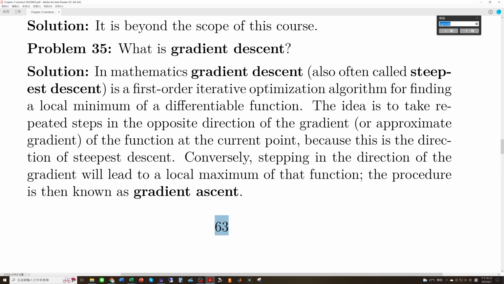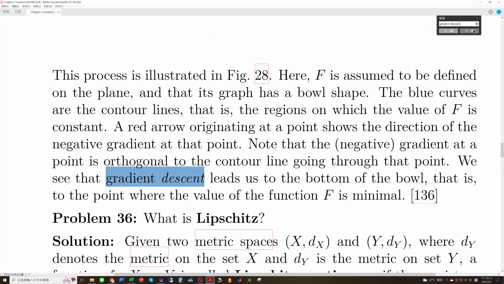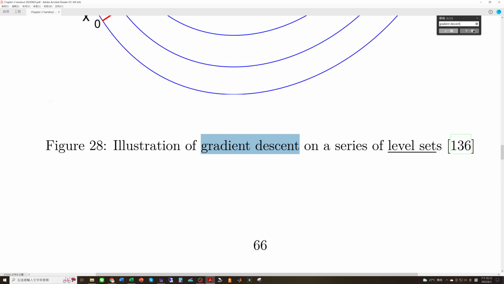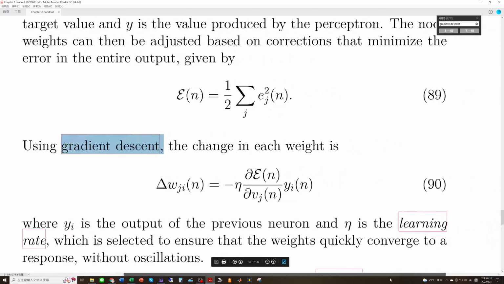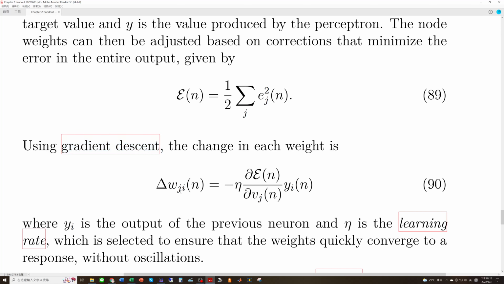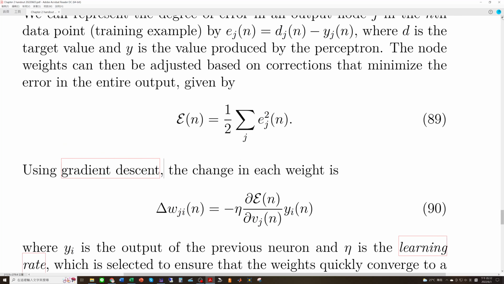Okay, let us go back to gradient descent. So using gradient descent, the change in each weight is delta Wji(n). Do you remember what j, i and n are? Let us review it.